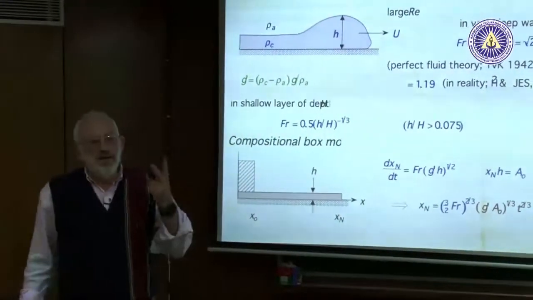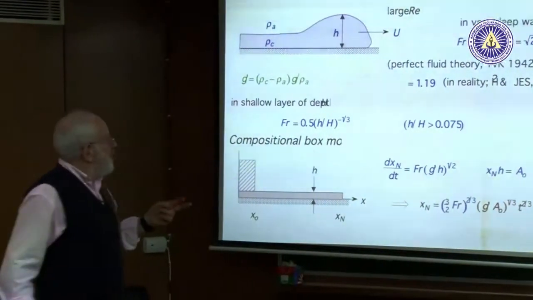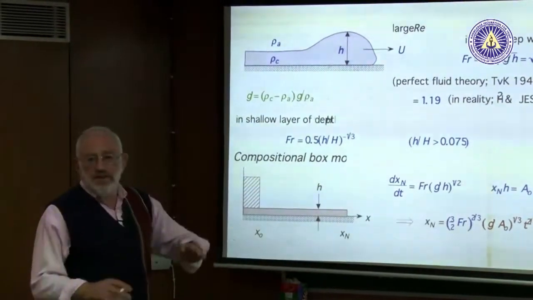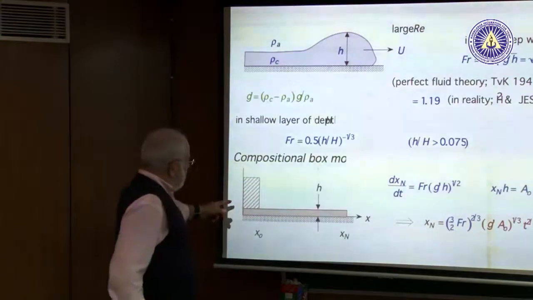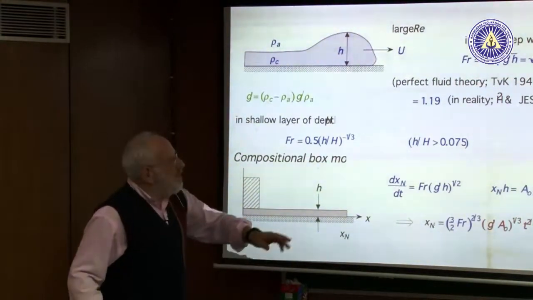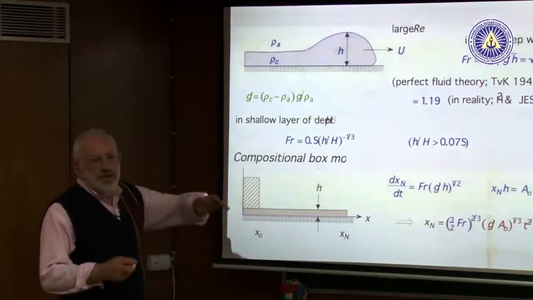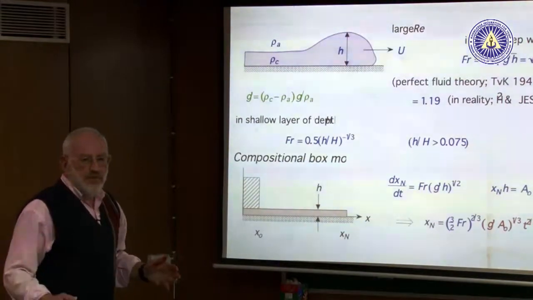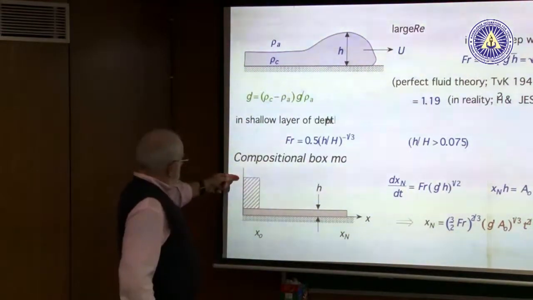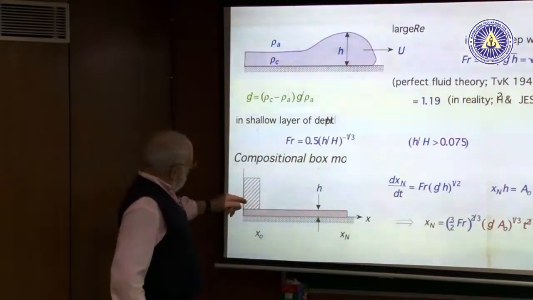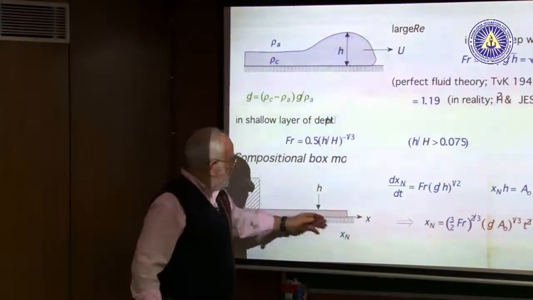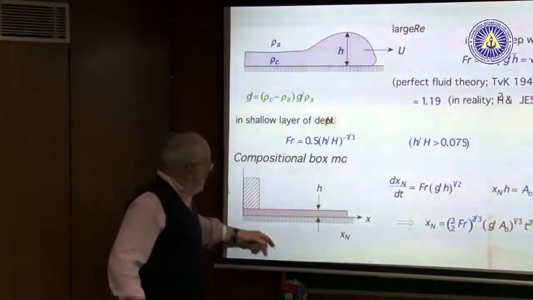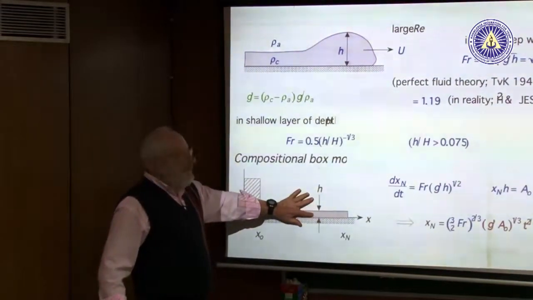Proper solutions. And there are two ways that you could get the solution. One is to write down the equations and solve them, and we'll do that in the next slide. Here's a simplification, which is to say, look, I know it's not a good exact physical representation, but it should be good mathematically to say I start with a rectangle and I end up with a rectangle of length xn rather than L that increases and it has a height h.